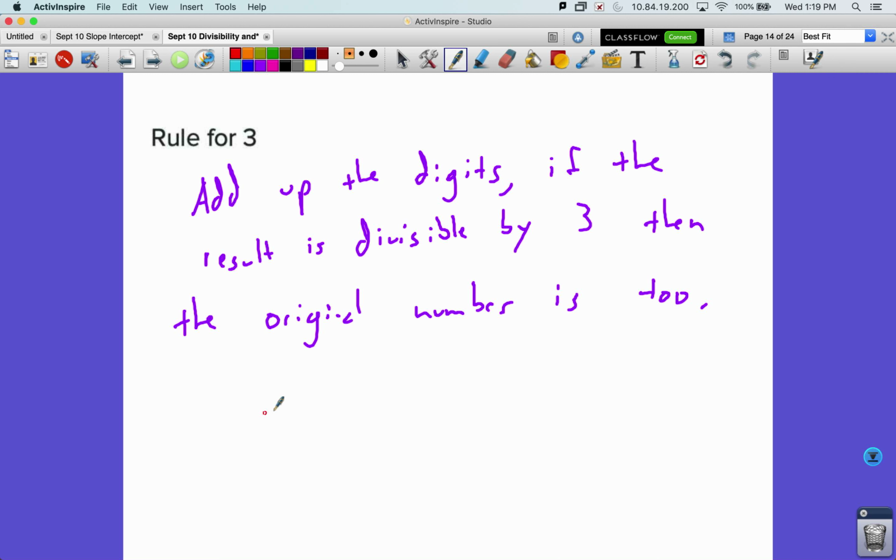So if we've got a number like 891, you turn this into 8 plus 9 plus 1. You turn this into 18. If you're still not sure, do it again. Turn that into 1 plus 8. That turns into a 9. So this is divisible by 3.